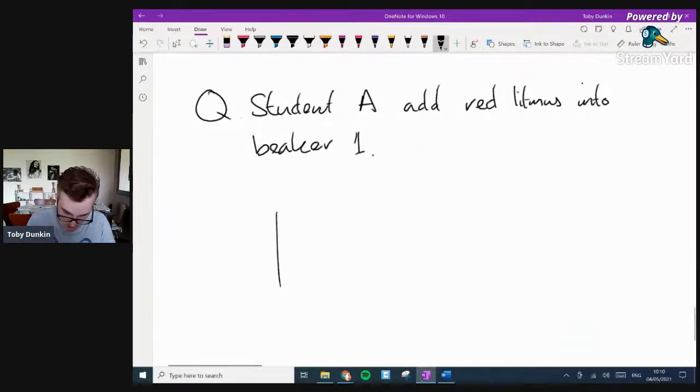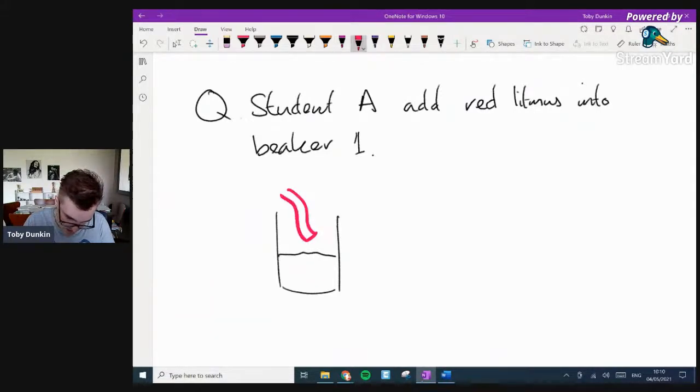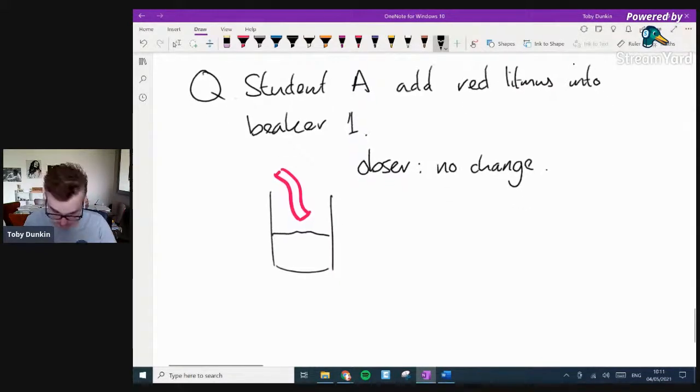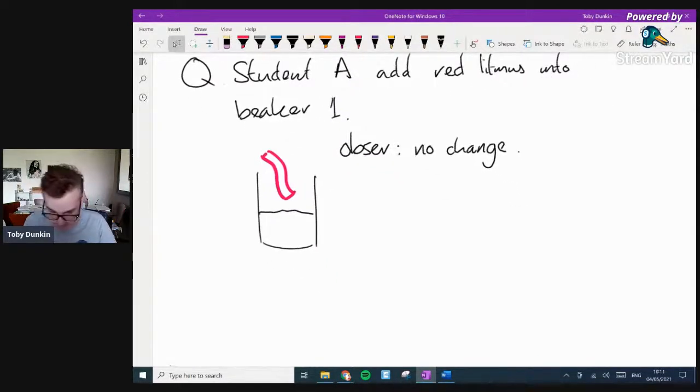So he's got beaker 1, yeah, with an unknown solution, and he uses a piece of red litmus paper. And what it will say is observations, no change. And they will say, what can you determine from this?